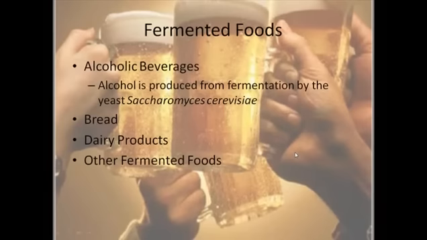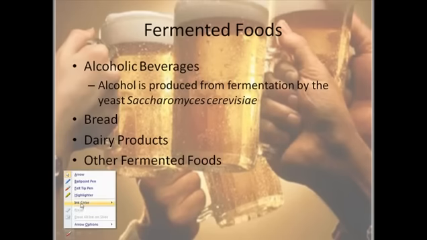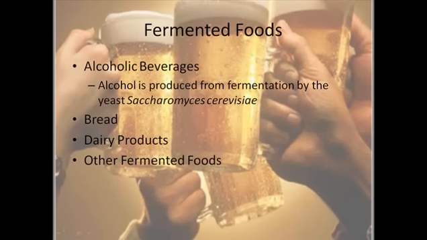Okay, now let's talk about fermented foods. We have been discussing food and foodborne infections and different microorganisms and their roles in causing foodborne diseases. But in the production of fermented foods, the most important part is played by different microorganisms.